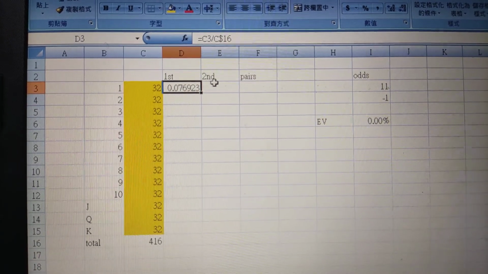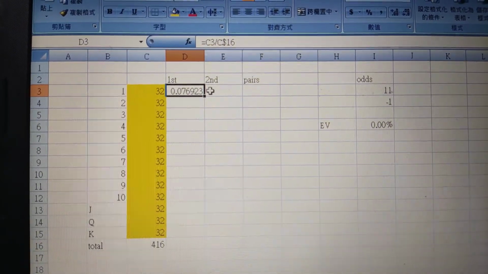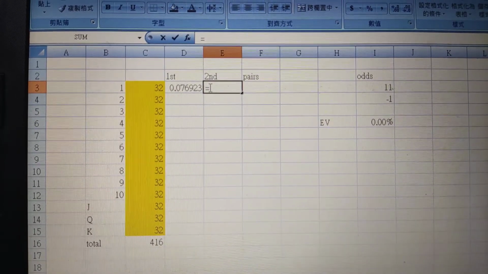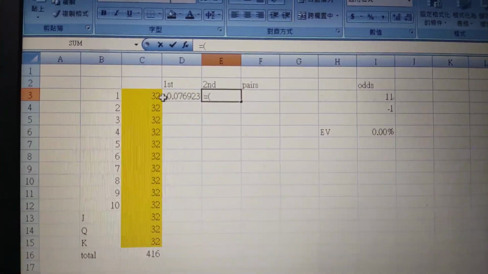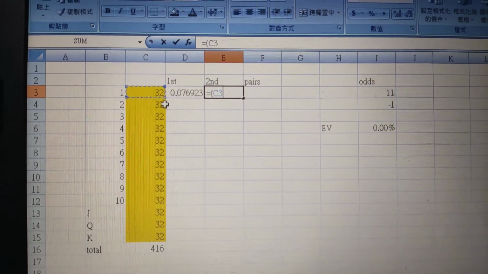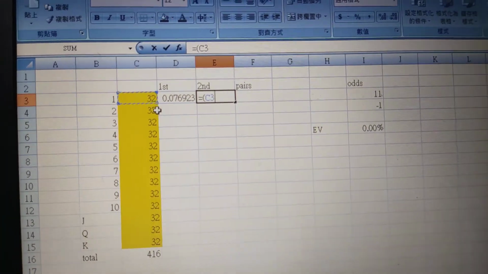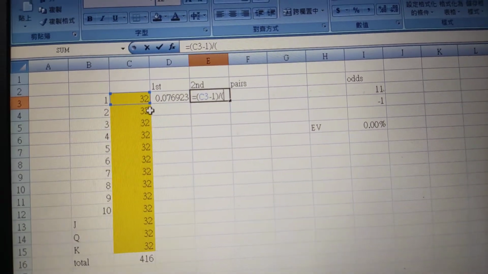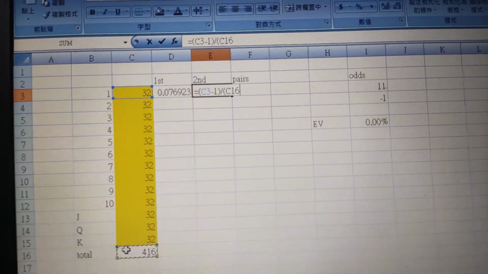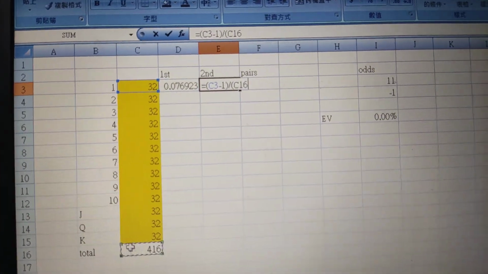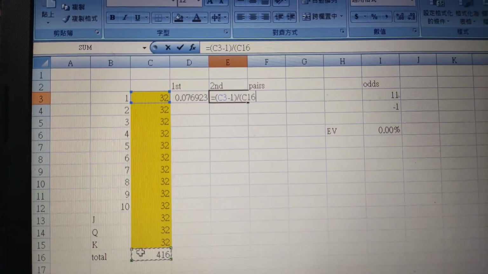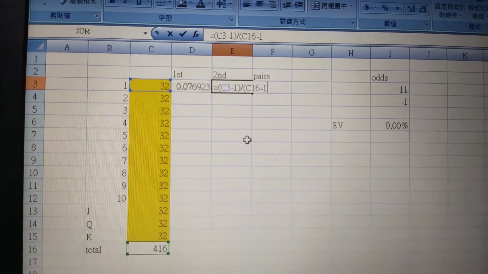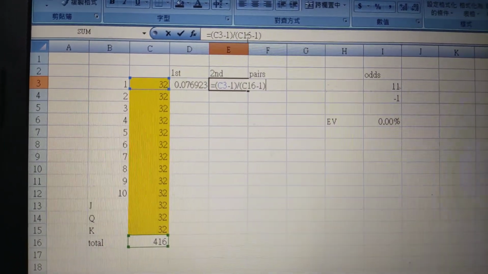So it's 7.7%. Now the second card: we already had 1 ace showing out, so we have to minus 1, and divided by 415, since 1 card, the ace, has already shown out.